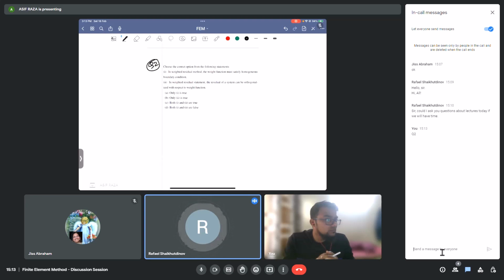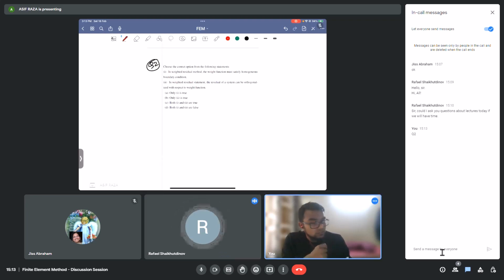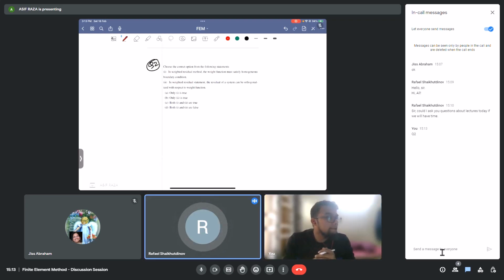For instance, the first method, Galerkin Petrov, does not require homogeneous boundary conditions, because we can choose x1 and x2 as we did in lectures. But a weighted residual statement can also be orthogonalized in the sense that we are writing weight functions, and the meaning of this is orthogonalizing with respect to some weight function.